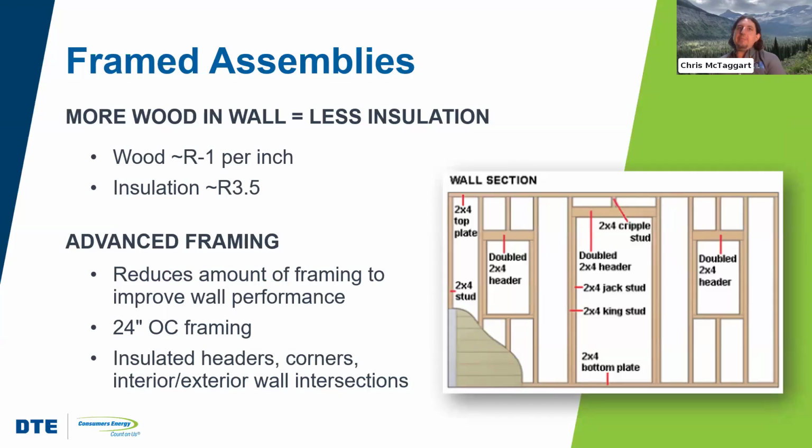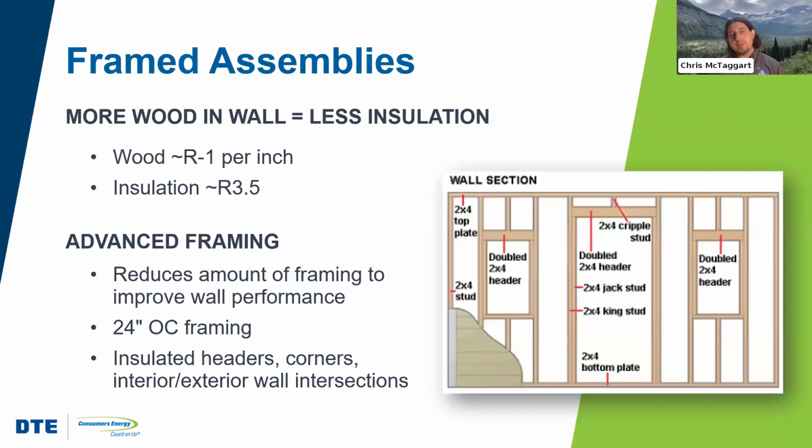So in a cavity wall system, more or less, having less wood in the wall system is better. Why? Because wood does have insulating value. It's about an R1 per inch, but insulation is better. Generally speaking, the average insulation R-value is going to be about an R3.5.